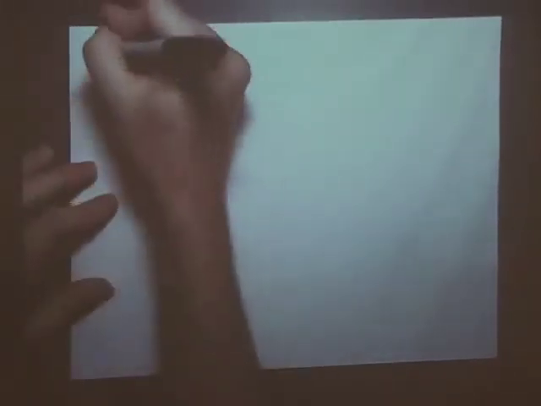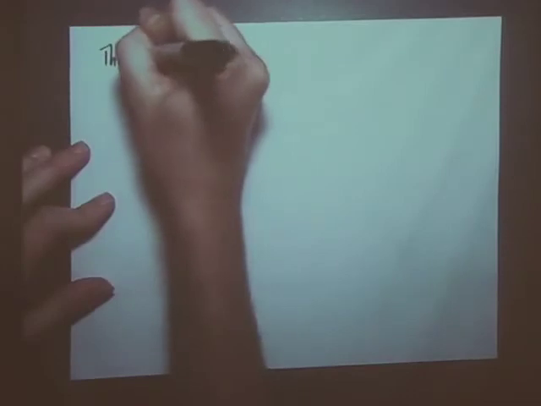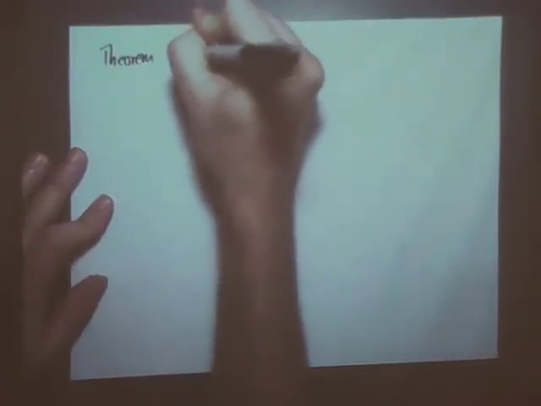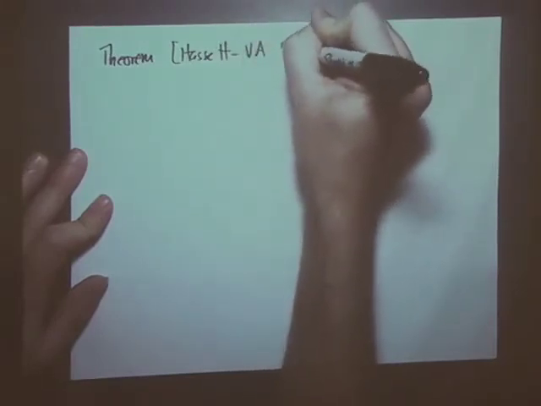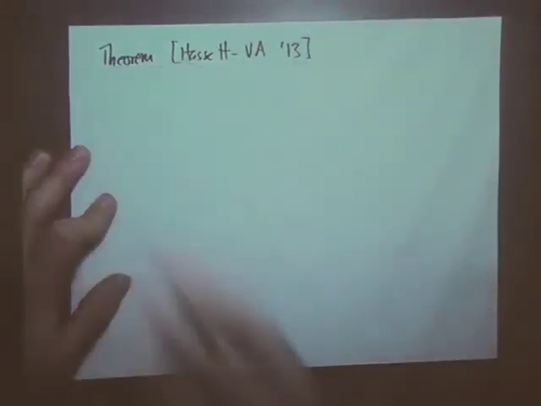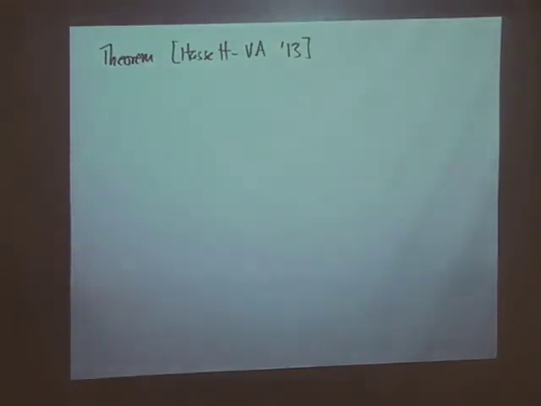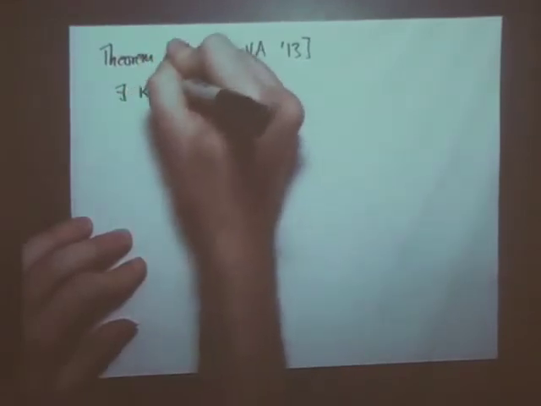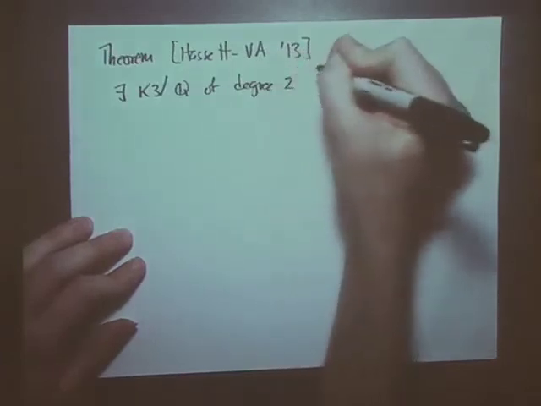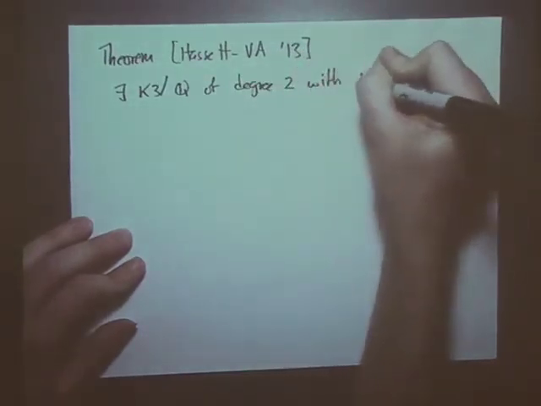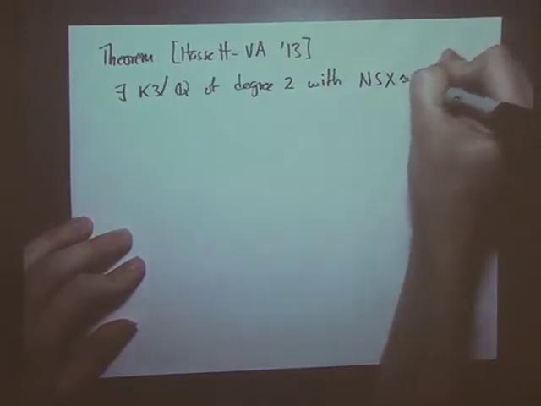So I should say that Brendan Hassett and I, well, it seems like eons ago now, but it came out in print a couple of years ago, used this circle of ideas to actually write down a concrete K3 surface over Q of degree 2, whose Néron-Severi group is isomorphic to Z. And how do we prove this?